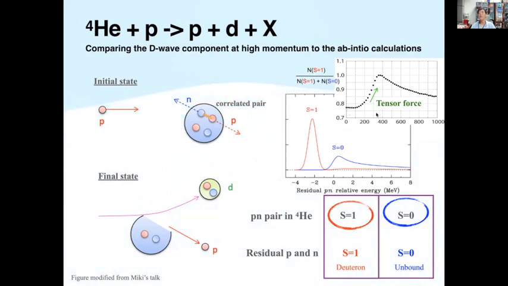But for higher momentum here, it's almost 1 because this is the momentum where tensor interaction dominates. So essentially, it goes to 1, almost all S equal 1. And if it goes further up, then the central repulsive core gives correlation.